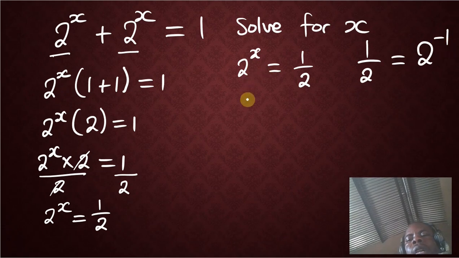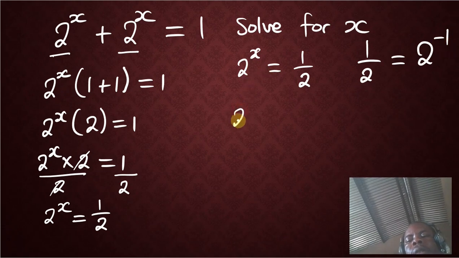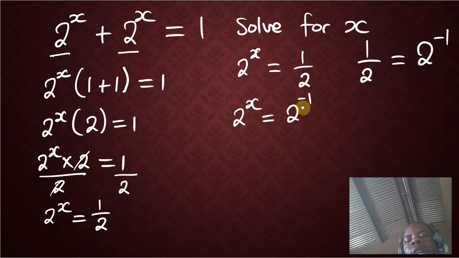So you can rewrite it now: 2 to power x is equal to 2 to power negative 1. Now that the bases are equal, it means the powers are equal as well. So x is equal to negative 1.